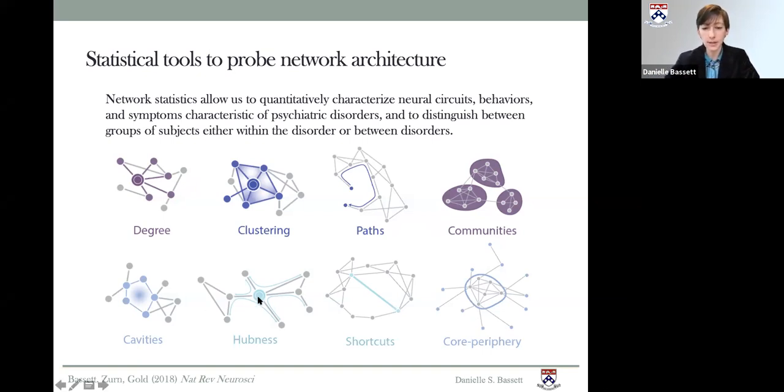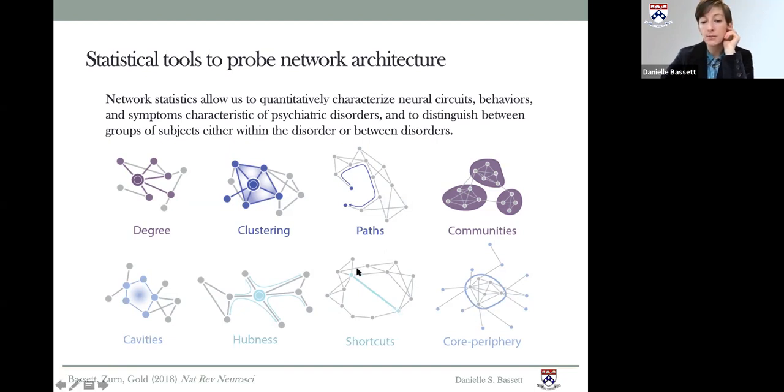Hubness is the notion that there are some regions, some nodes inside of a network that are much more interconnected than others. And they can be highly influential nodes in the networks because they can shuttle information to so many other areas. So that becomes important for understanding information transmission in the brain. The presence of shortcuts across the network is also very important for information transmission.